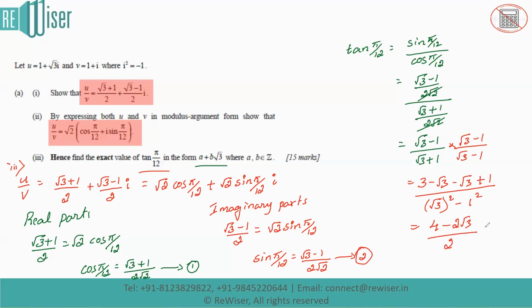I can take 2 common out and cancel it with the denominator. So that's going to give us the final answer to be 2 minus root 3. And this is the final answer. So when I compare it, we can clearly see the value of a is 2 and the value of b is negative 1. And this is the right answer for part 3.